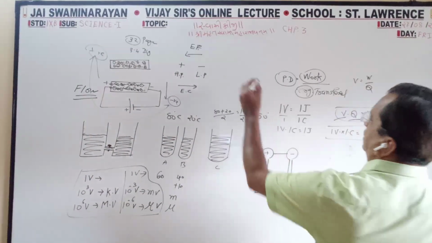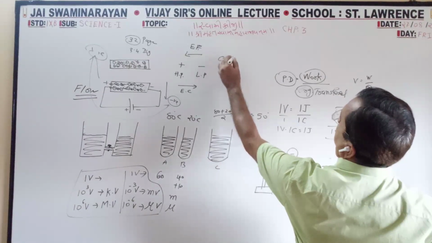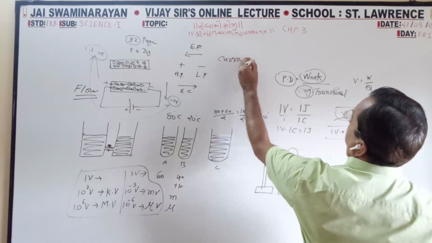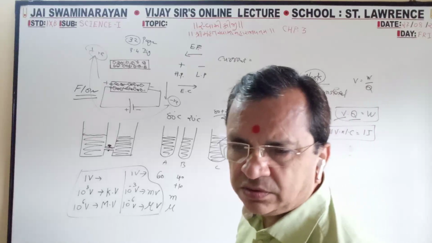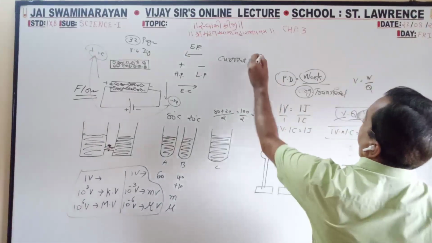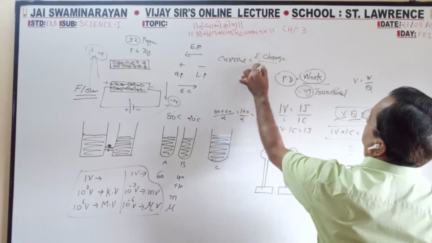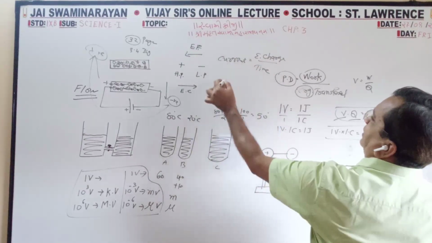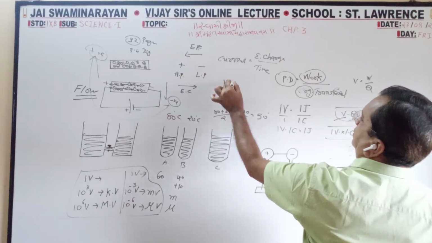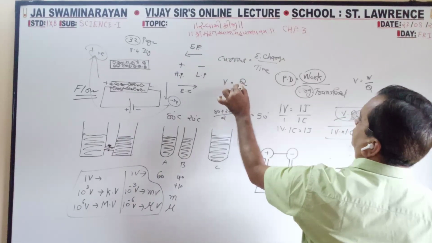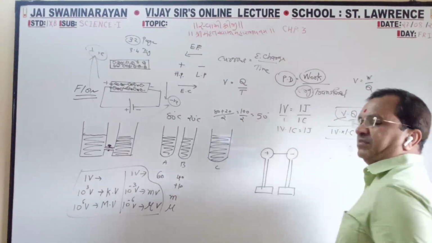Now electric current is equal to charge by time. Electric current, its unit is ampere, not volt, sorry. Charge is Q, T is time.